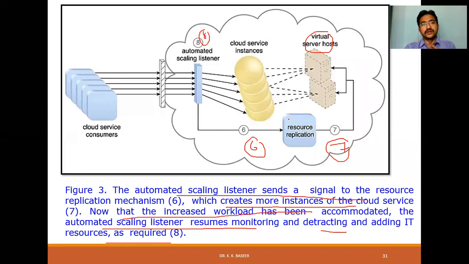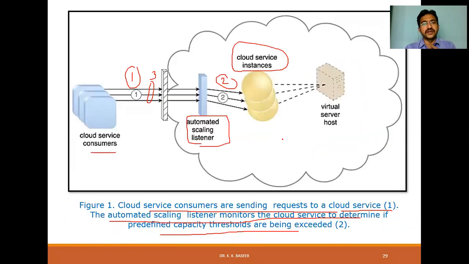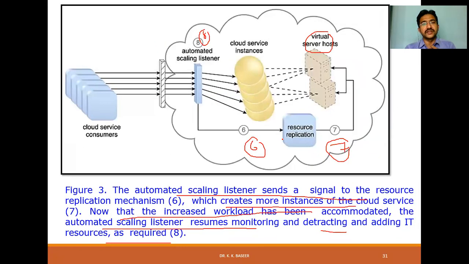So the resource replication will create more instances based on the requests coming from the cloud service consumer. In these 3 figures, steps 1, 2 in the first, 3, 4, 5 in the second, and 6, 7, 8 in the third, totally 8 steps give clarity on how a dynamic scaling architecture performs.